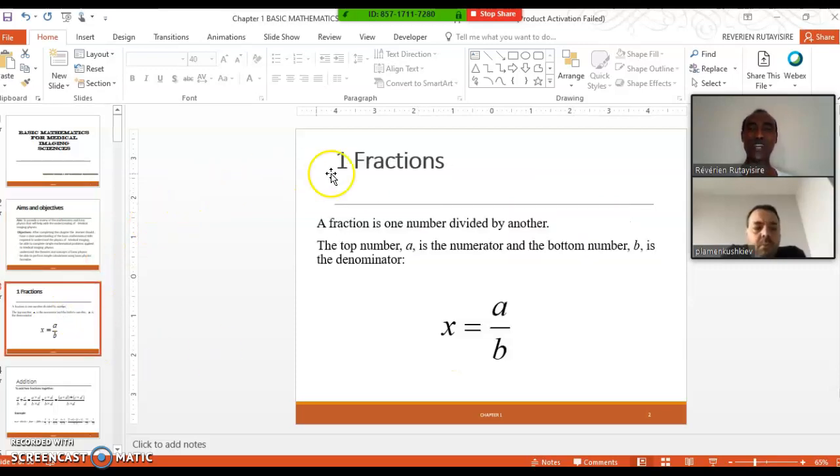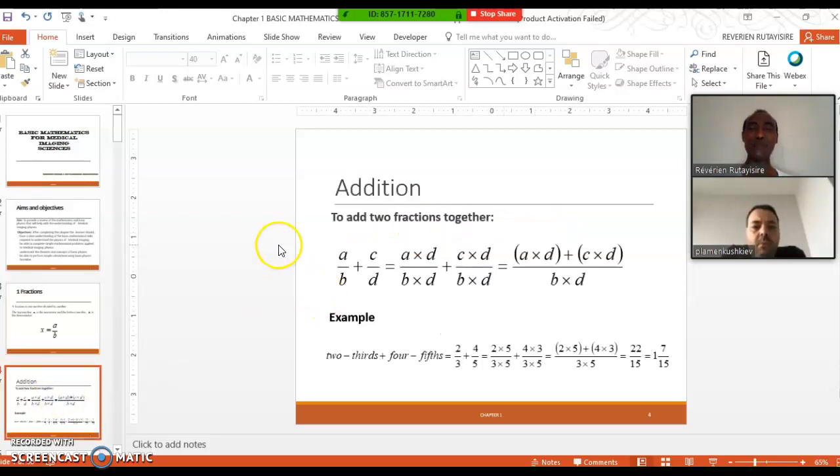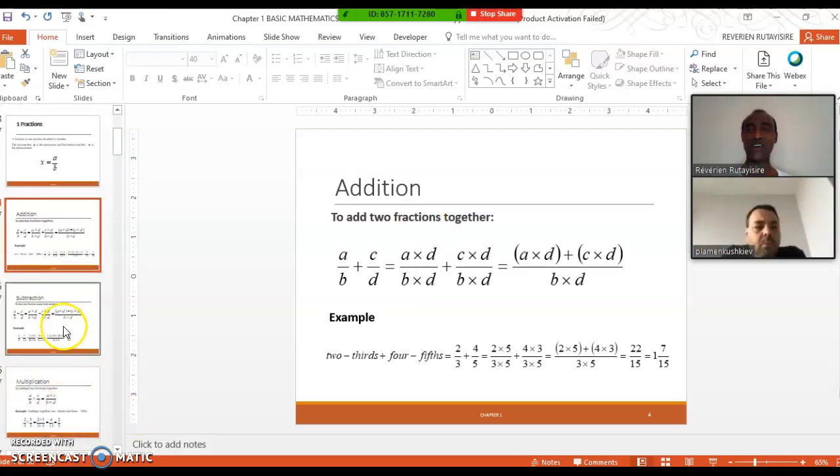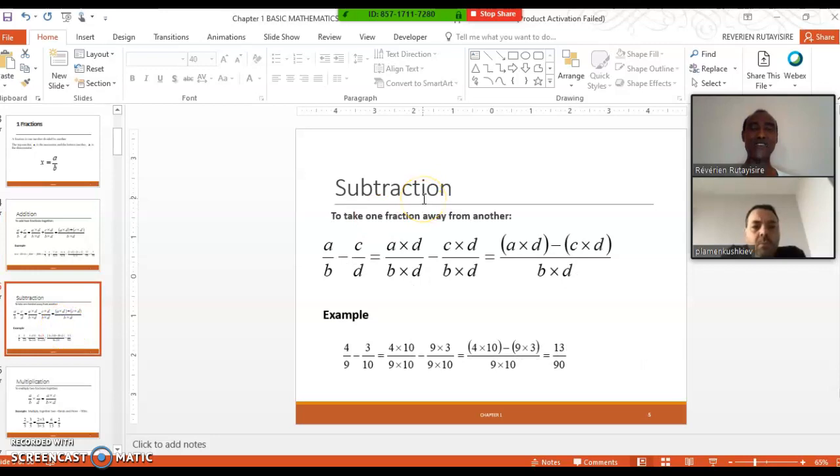And we have to start with the fractions. I have to tell them a fraction is one number divided by another one, and you can perform some operations inside the set of fractions. You can add two fractions together, and you can also subtract a fraction from another one, like this one.